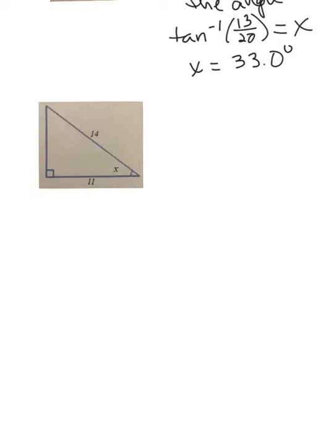For our second figure in this kind of problem, looking at the angle and the two pieces of information that we are given, the side that's connected to it, so we know the adjacent, and the 14 is the hypotenuse. Which function uses adjacent and hypotenuse? That's cosine. So this time we will say the cosine of x equals 11 over 14.